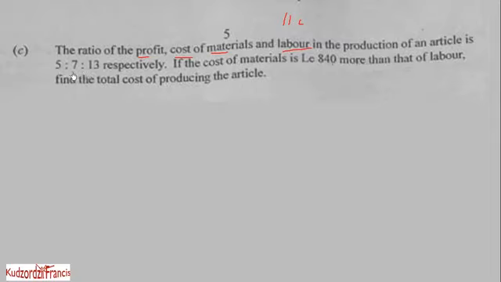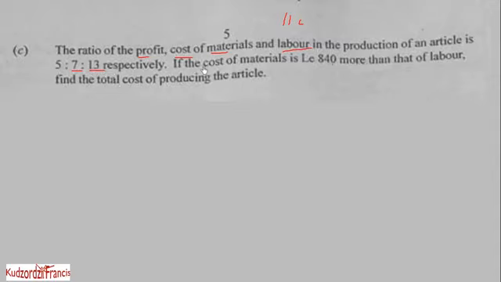If you analyze the question carefully, it said the cost of material is to that of labor in the ratio 7:13. So that means there's no way the cost of material will be greater than the cost of labor.